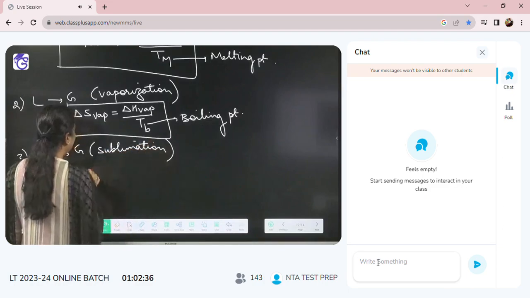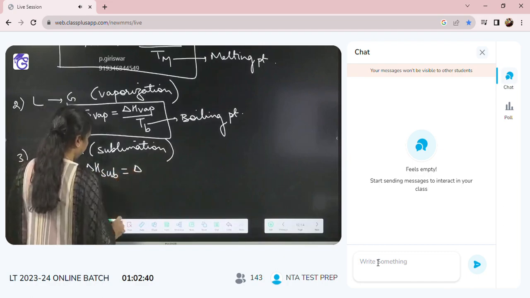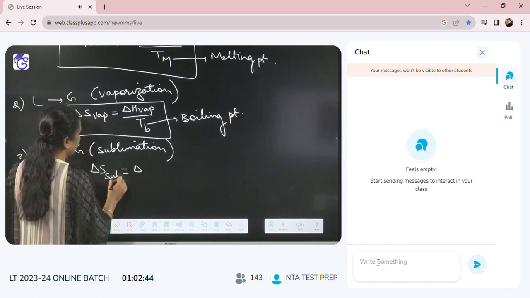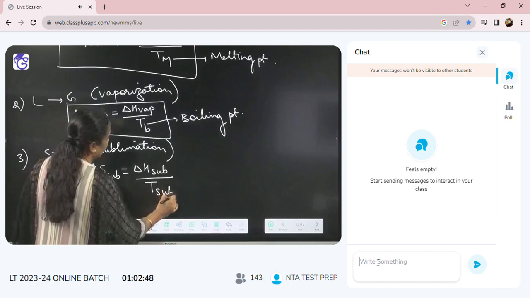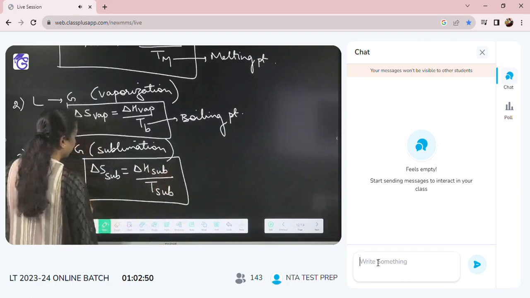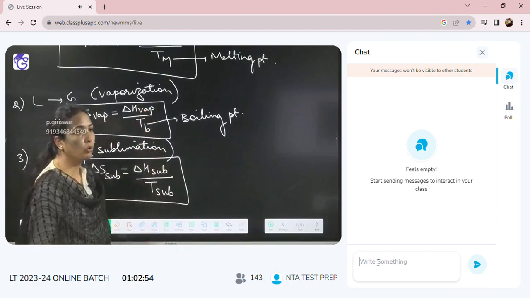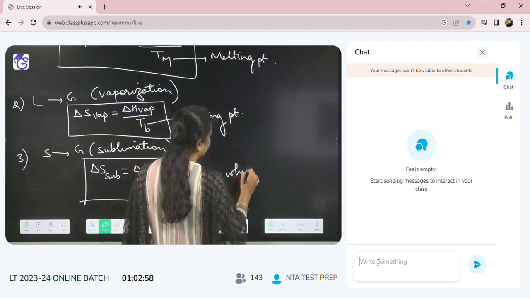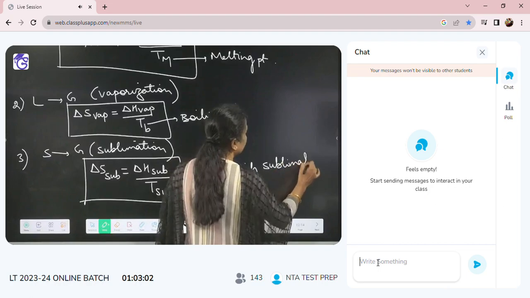So delta S sublimation equals delta H sublimation upon the temperature at which sublimation is happening. All these enthalpies are molar enthalpies defined per mole. There should not be any doubt here. So, the temperature at which sublimation takes place.